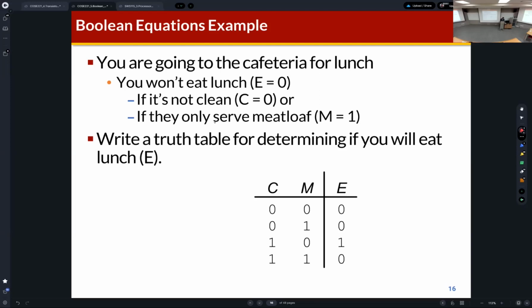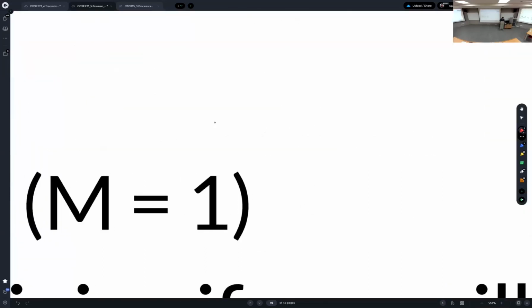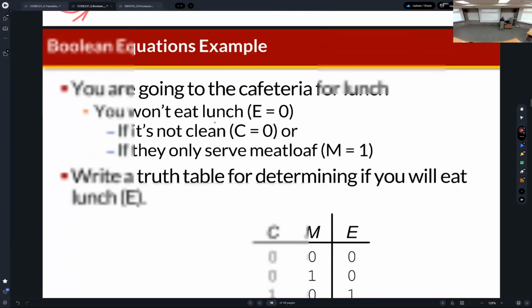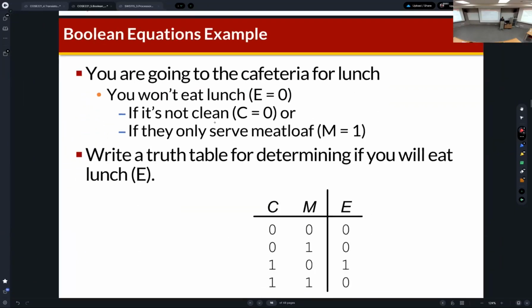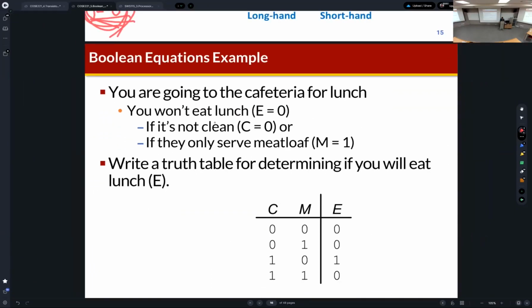You are going to the cafeteria for lunch, so I think you can have lunch after this class. You want to eat lunch. So this is the result, a true or false result, which means you want to eat lunch, so E equals 0. E means eat. And then which condition?